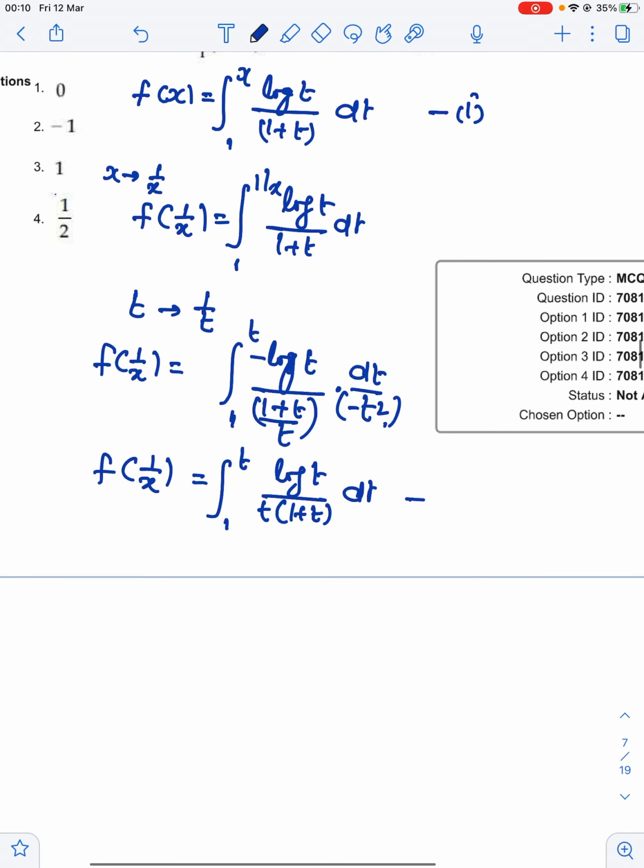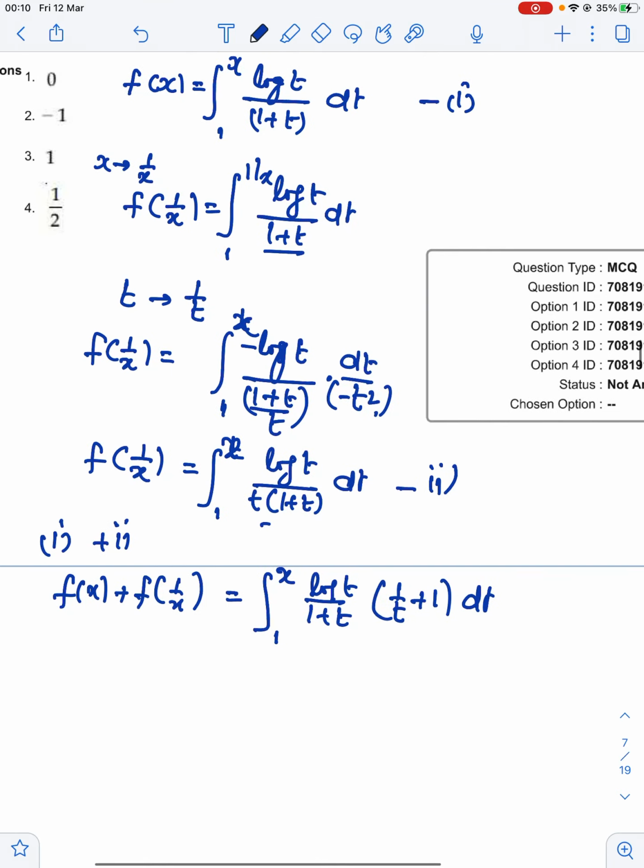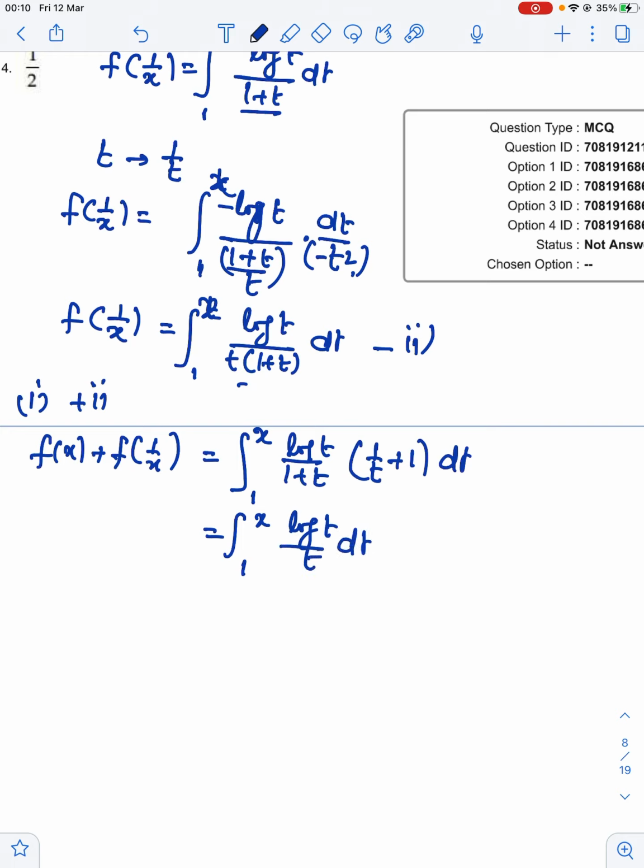Now suppose this is equation number 2. If I add 1 and 2, we'll have f of x plus f of 1 upon x, which is integral from 1 to x of log t by 1 plus t common, and in this we'll have inside 1 upon t plus 1. So you can see the 1 plus t and 1 plus t cancel out. Final comes out to integral from 1 to x of log t by t dt.